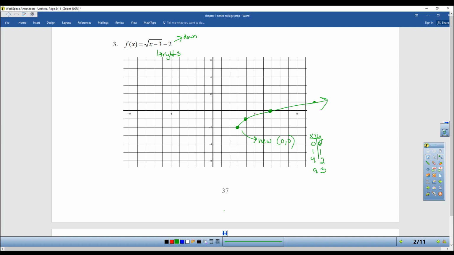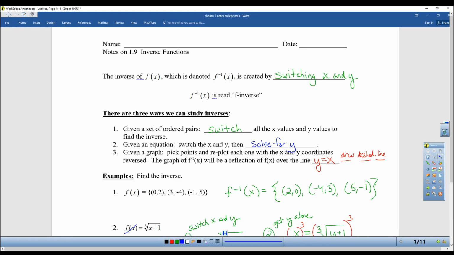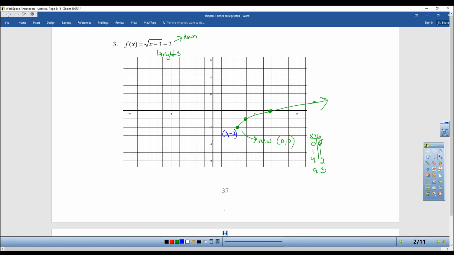So literally all you have to do for the inverse is switch these. So this is the point 3, -2. Just like in example 1 where we reversed all these ordered pairs, I'm going to do the exact same thing. Now I'm going to do -2, 3. And you don't have to actually write them.